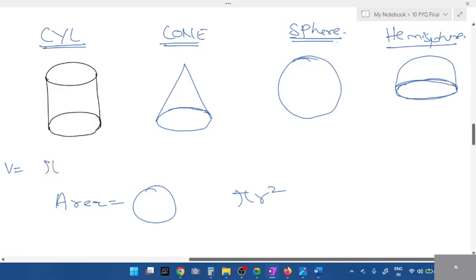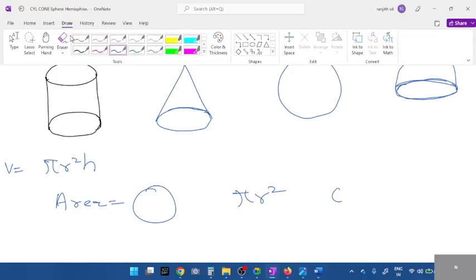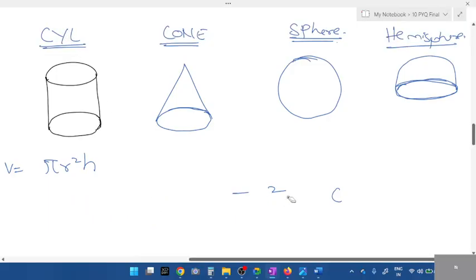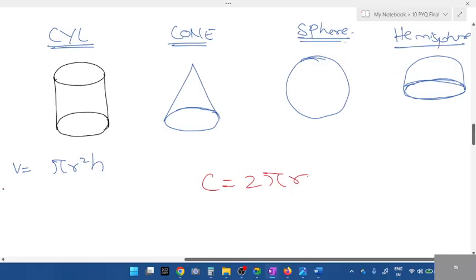For volume, it is the same pi r square, you have to multiply by the height. Next, what is the circumference of a circle, students? All of you respond. Circumference of a circle is 2 pi r. And along with volume, you have two more things: curved surface area and total surface area.